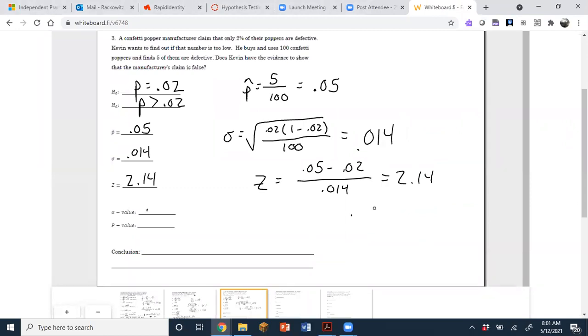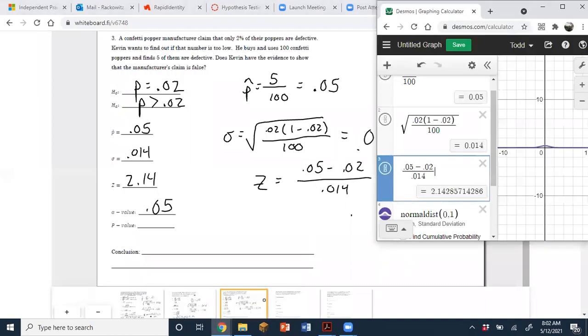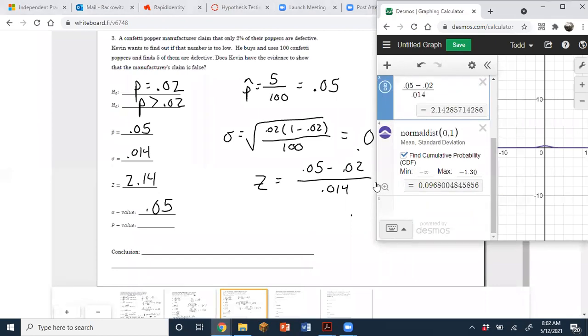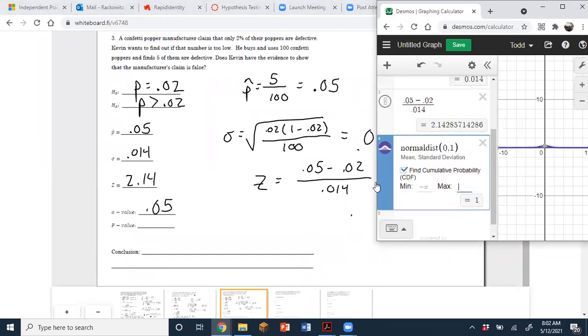Does Kevin have evidence to show? Oh, it doesn't say. I should have put a confidence level in that one. I need to fix that. So we'll just do another 95% one. So since it's a positive z-score, when you do the normal distribution, make sure that you put it in the minimum. So no maximum.